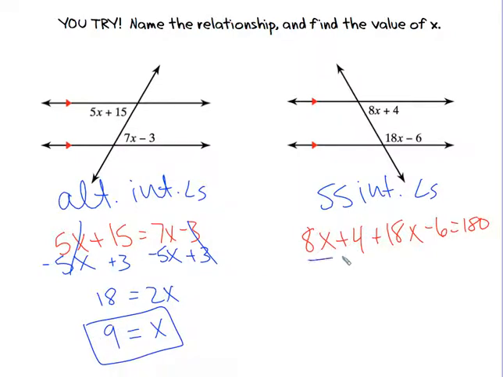Then combine my like terms, 8x and 18x make 24x. 4 and negative 6 make minus 2. Add the 2, you get 24x equals 182.